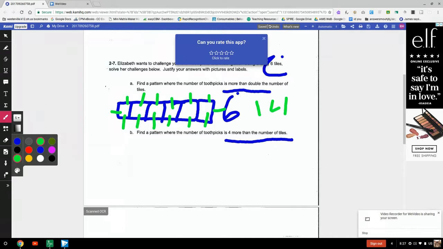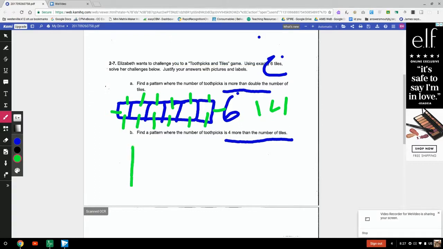So the perimeter for B needs to be 10. If it's not 10, you don't have a shape that works.